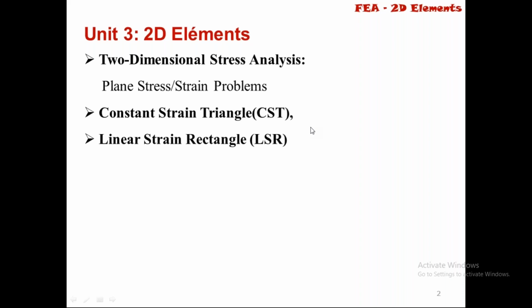In that unit you covered problems on bar element, and in the next session you will cover truss problems and beam problems. Means there are three categories of numericals in unit number 2, that is the topic of bar, then the topic of truss, and the topic of beam. And in unit number 3 we will mainly focus on only the CST element and LSR element and its numericals.